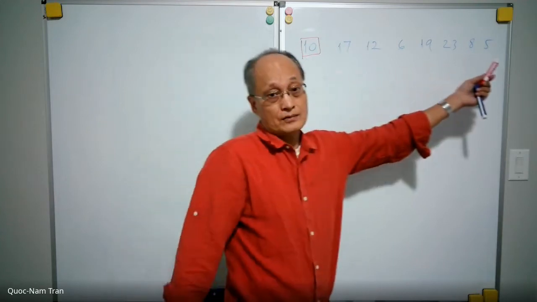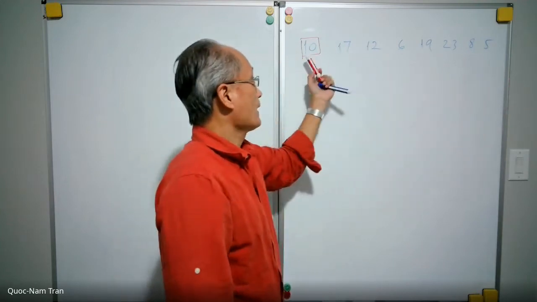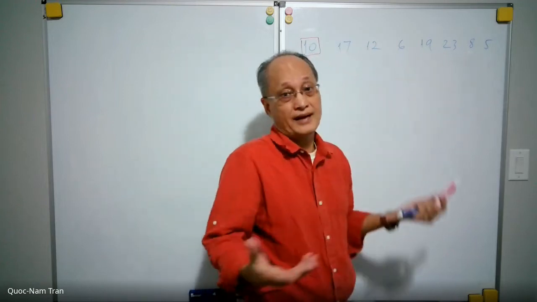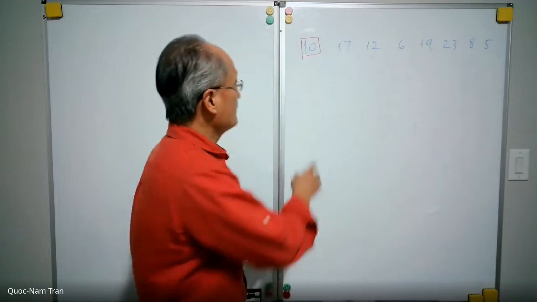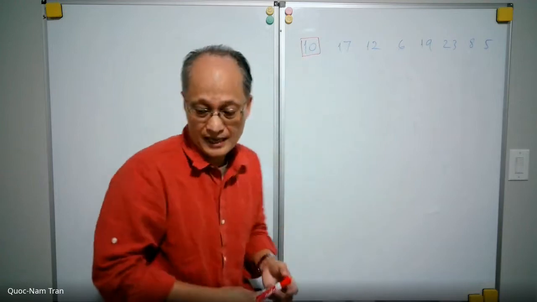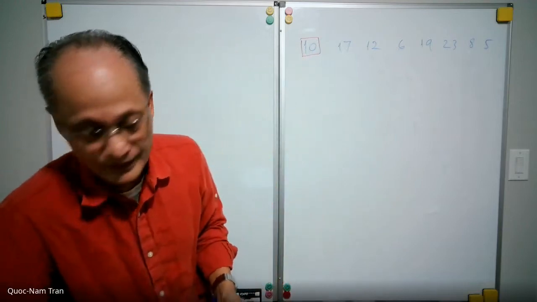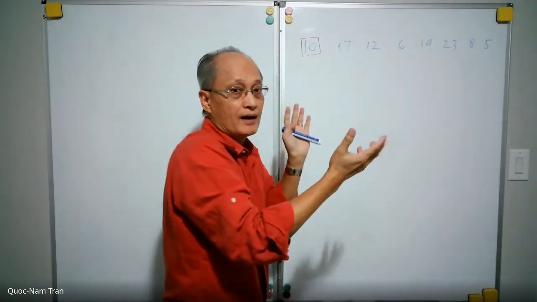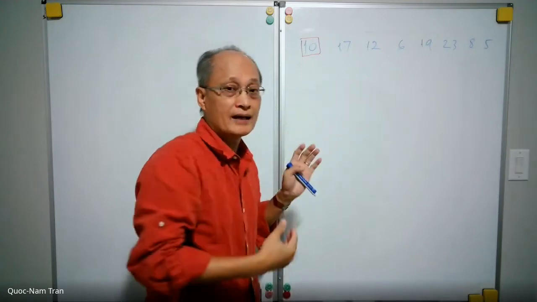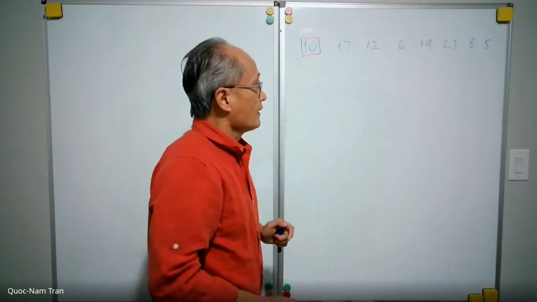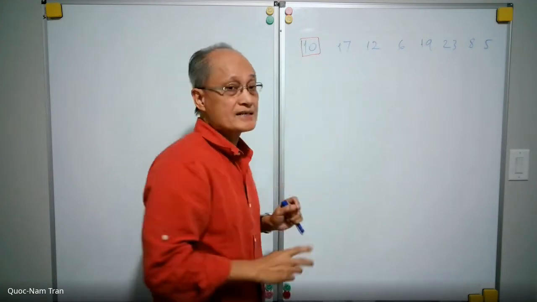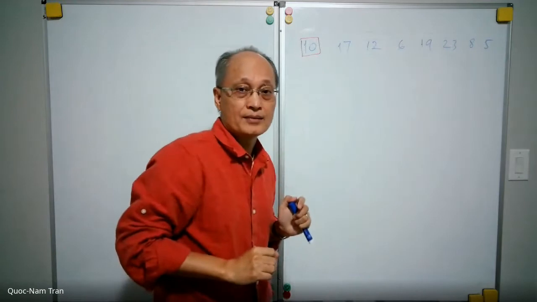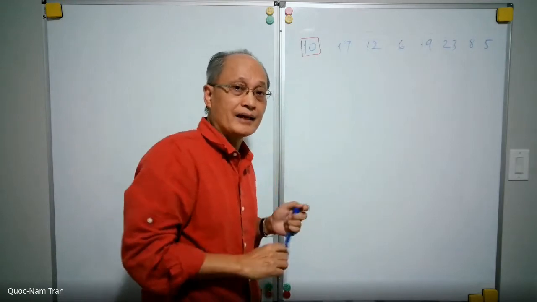I can choose the last one, or the one after the first, or the one before the last, or the middle one. Any, okay? But here, I will use the first element as the pivot, and then I will partition this list into two parts. The left subarray has elements less than 10, and then the right subarray will have elements bigger than 10.